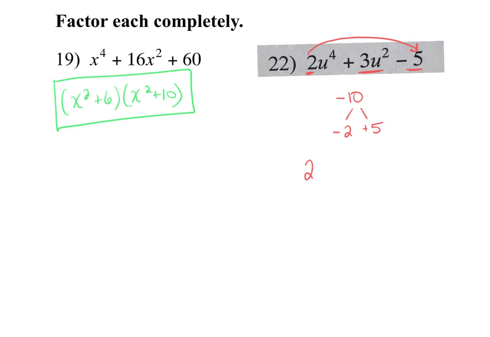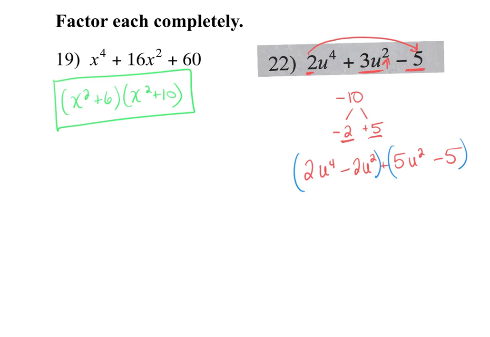I'm going to say 2u to the 4th, using this guy, minus 2u squared, because that's a squared. Then using that one, plus 5u squared, and then leave this alone, minus 5. And then I'm going to factor by grouping. Group the first two. Group the last two.